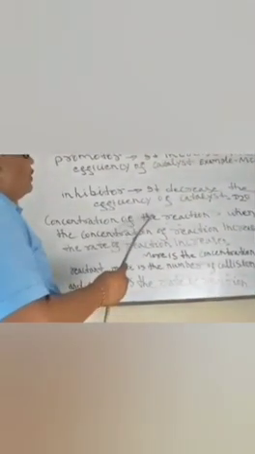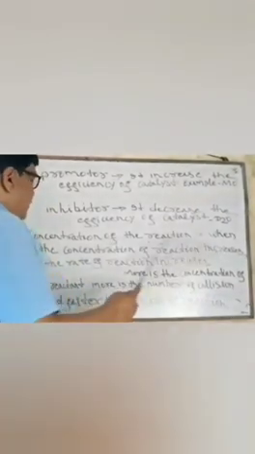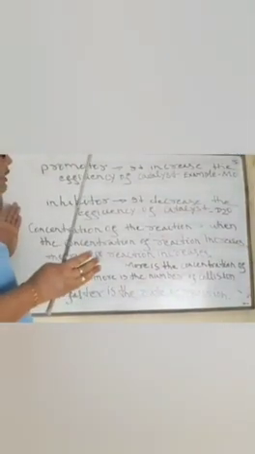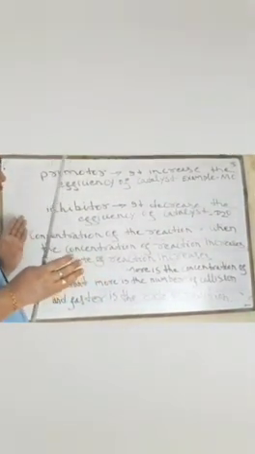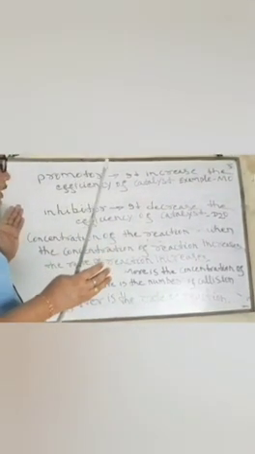Next condition, concentration of the reactants. When the concentration of reactants increases, the rate of reaction increases. जब किसी भी रिएक्शन में कंसंट्रेशन इंक्रीज करता है तो रिएक्शन करने की कैपेसिटी भी इंक्रीज हो जाती है, रेट इंक्रीज करता है.